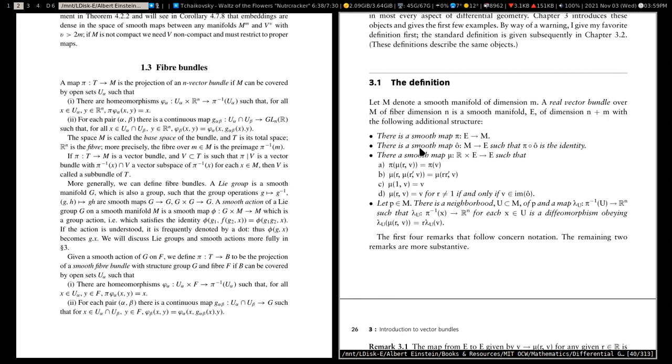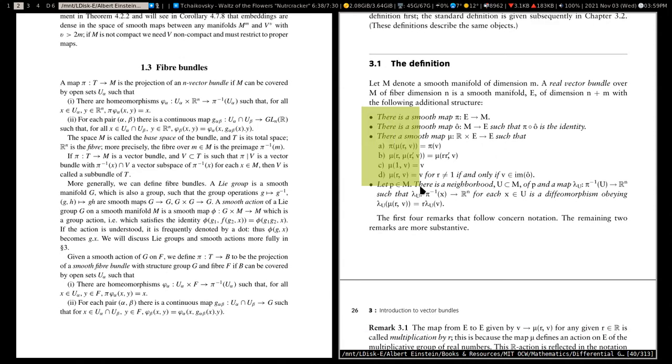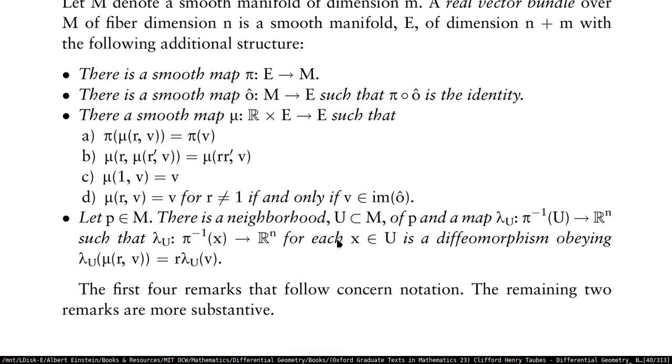So if you have a manifold, a real vector bundle, so this is not the general definition, but very specific to over R, a real vector bundle over a manifold M of fiber dimension n in a smooth manifold E of dimension n plus m is a bundle which has these conditions, right? And these conditions are kind of important.